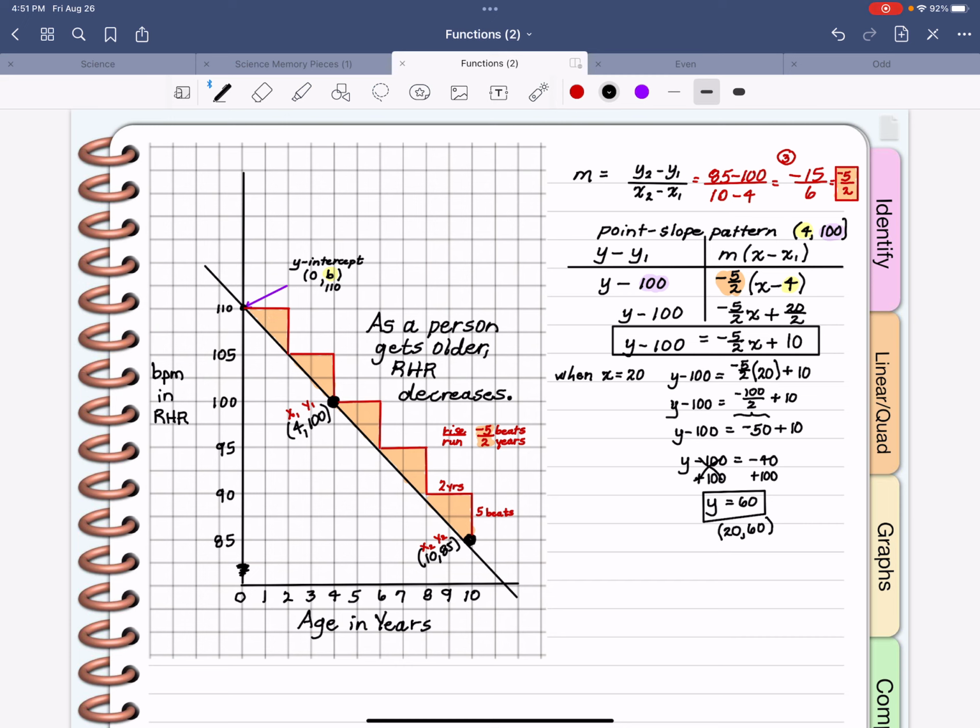If you have to do a capstone project or a senior project, this would be a great way to do it. You could gather up some people, take their heart rates while they're resting, and do this math as your project. I would love to do that. If you need help doing that, let me know. I would be glad to help you set that experiment up.